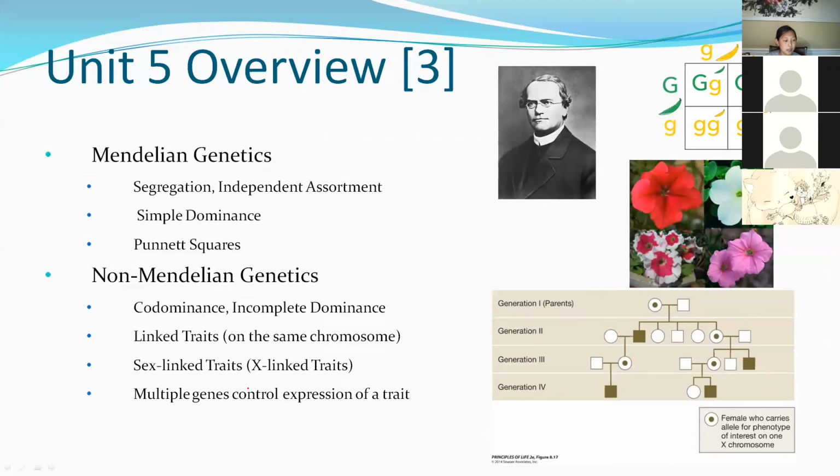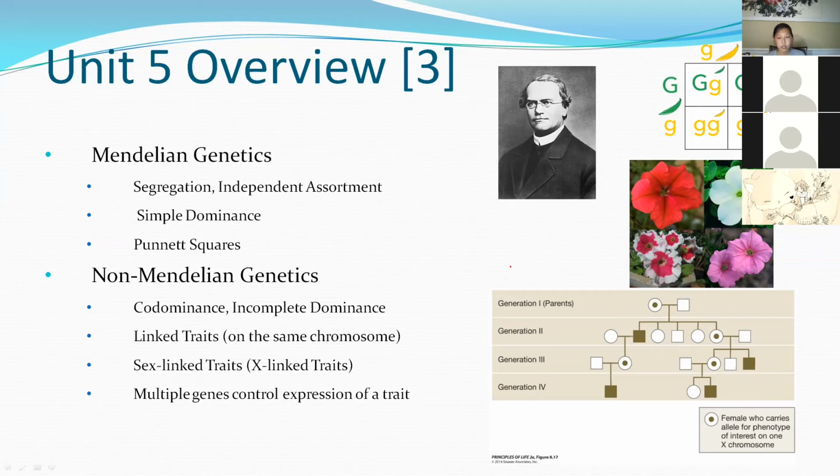Then there's sex-linked traits, which you can also know as X-linked traits because they're always passed down on the X chromosome. So in this case, the trait is on the X chromosome, which means that, for example, color blindness is a sex-linked trait. It's sex-linked recessive, which means if you have two chromosomes, only the dominant one, which is non-color blindness, will show.